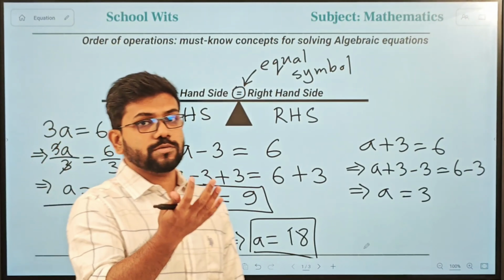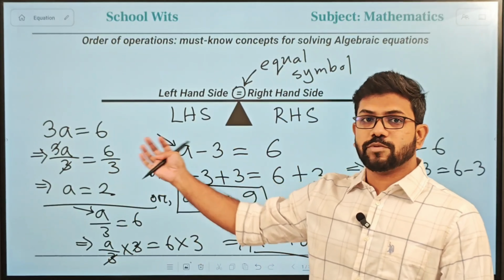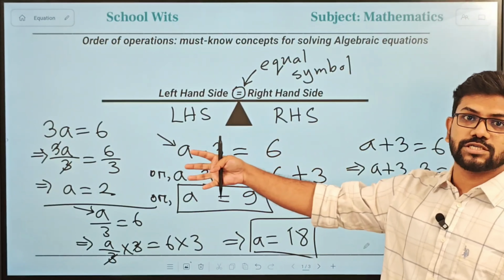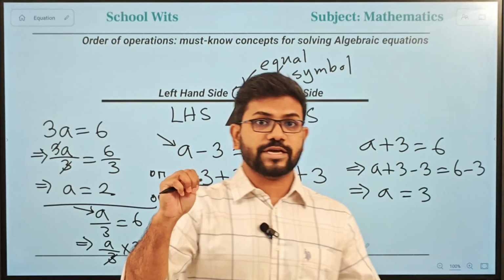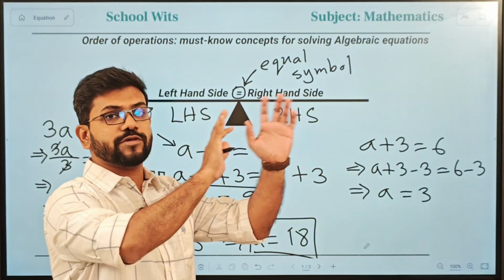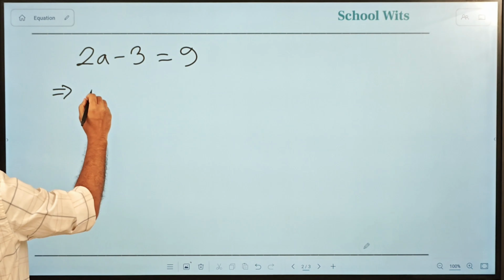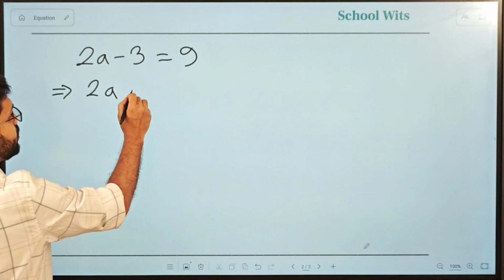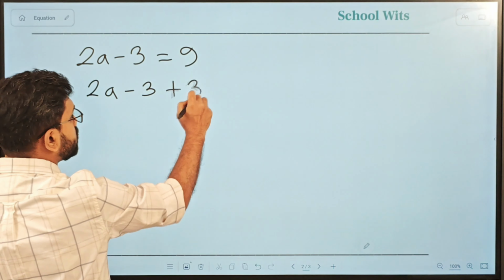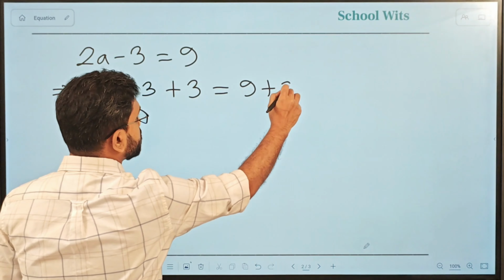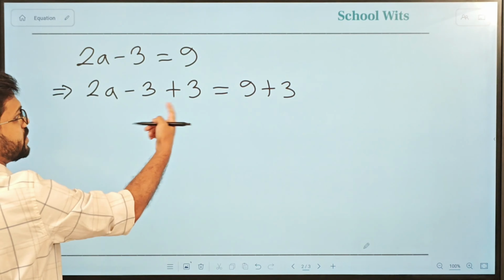So it's not always just one simple operation like this: addition or subtraction or multiplication, division. There can be some of the operations together. Simply what we can do here is 2a minus 3 plus 3, 9 plus 3 to get rid of this 3 here. But we don't quite do the math like this.